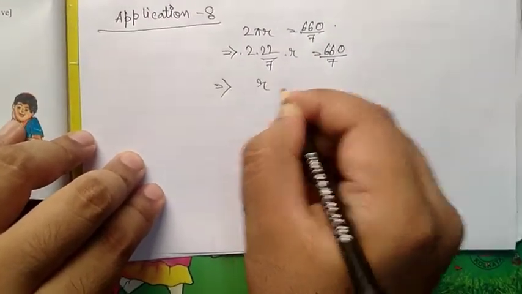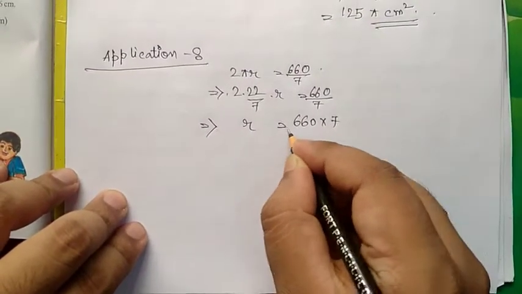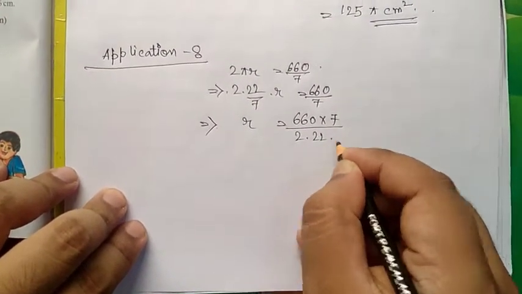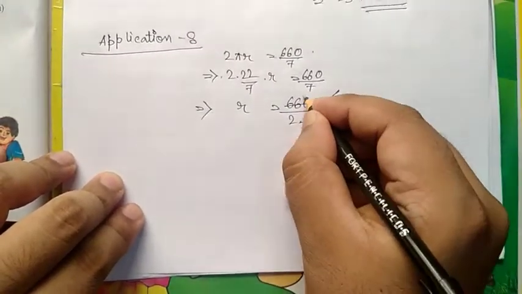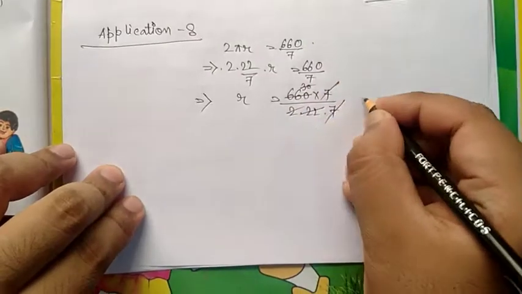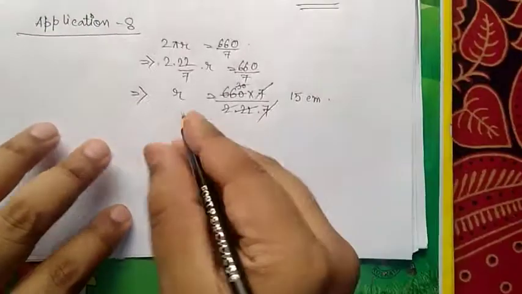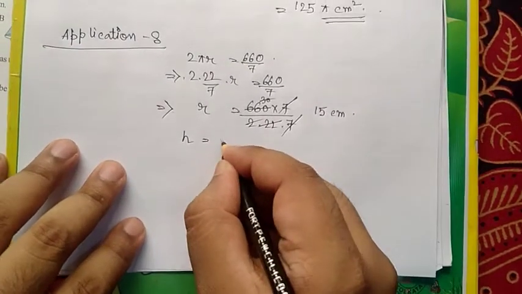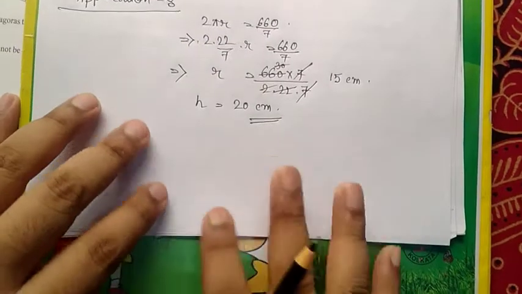Therefore r equal to 660 into 7 by 2 into 22 into 7, which is 15 centimeter. We know the height is 20 centimeter. So we have to find the slant height.